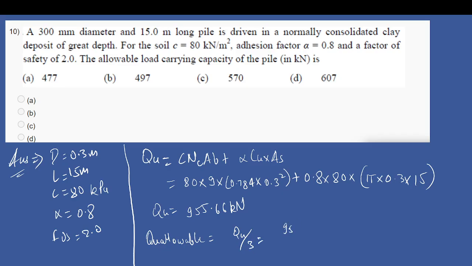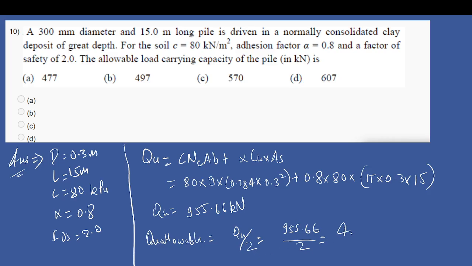No, the factor of safety is 2, sir. So, okay, 2. Qu upon factor of safety, which is 2. So how much is this value?